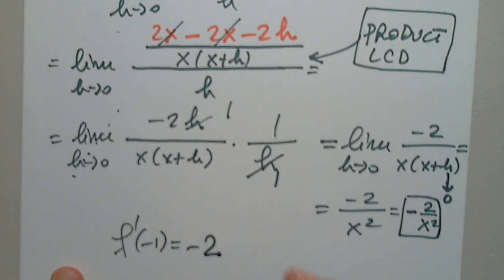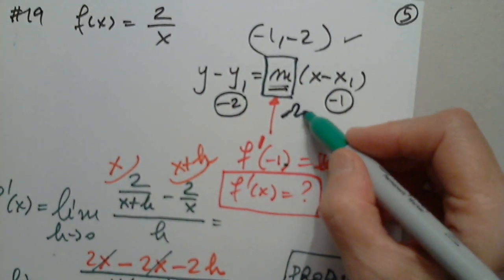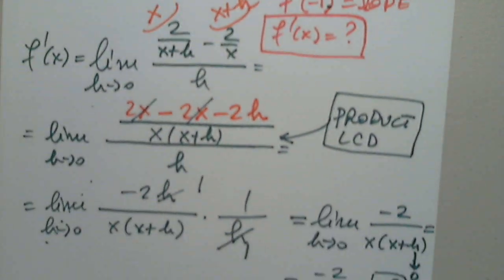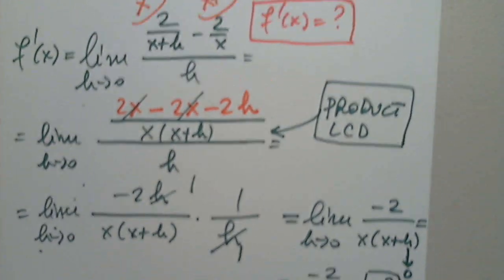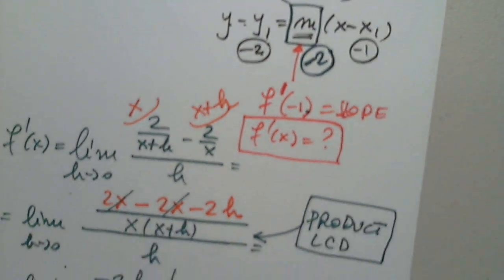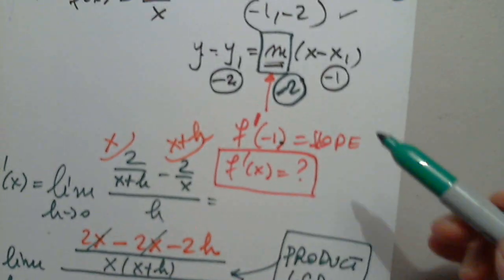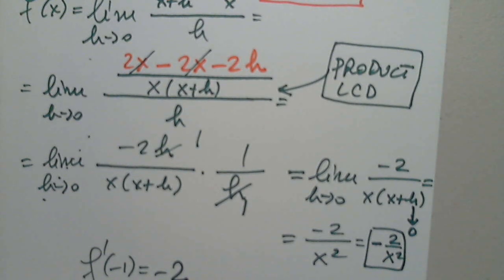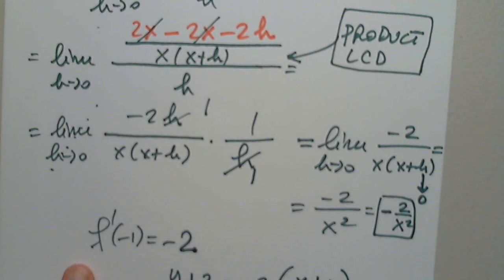So then I go back there and put my negative 2 in here. So I have y minus negative 2, y plus 2 equals the slope, which is negative 2, and x minus negative 1, which is x plus 1. It's not done, but it's a huge leap forward. I distribute: negative 2x minus 2 minus 2.